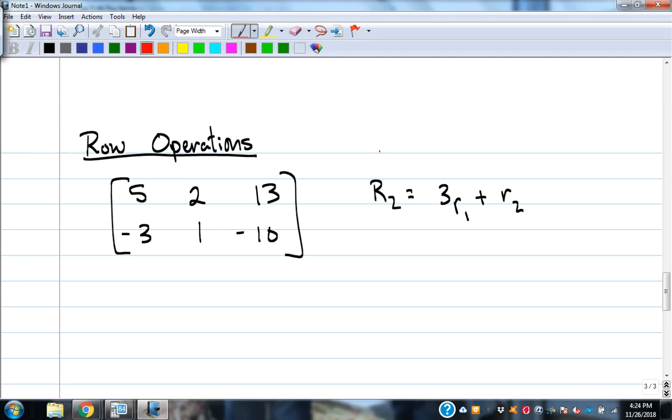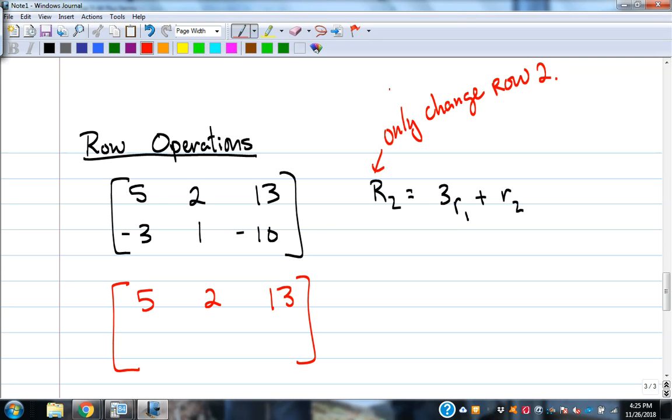So this is the only change. That's what that says. Only change row 2. So when I do that row operation, row 1 is going to stay the same. Even though the row operation says multiply it by 3, the only one that's changing in the final answer is row 2 based on this operation.